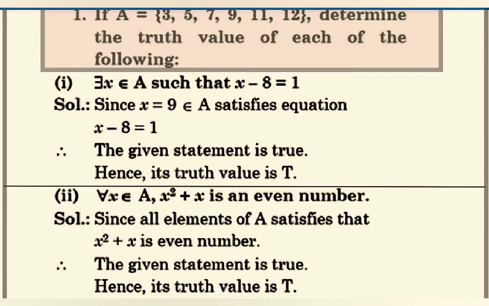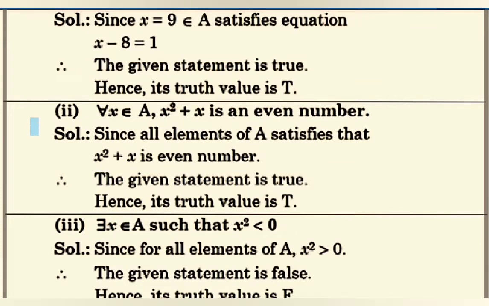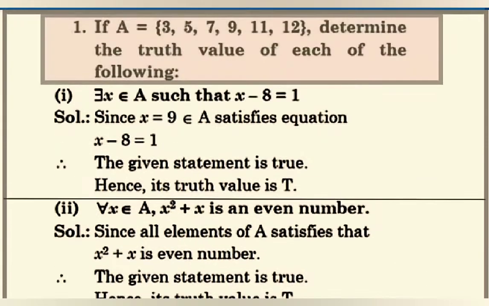Let's see the solution. Since all elements of A satisfy that x square plus x is an even number, the given statement is true, hence its truth value is T.